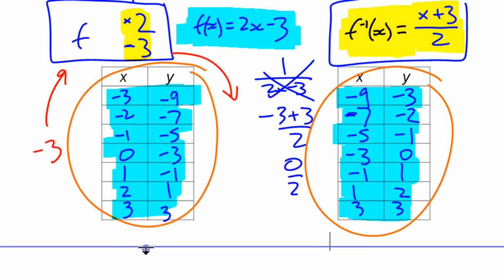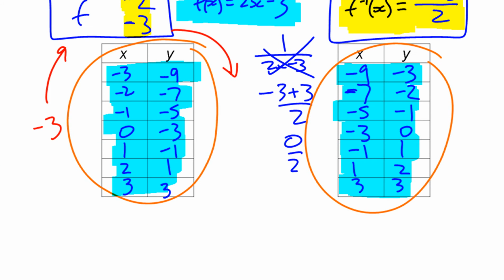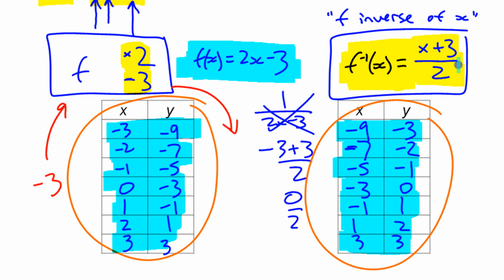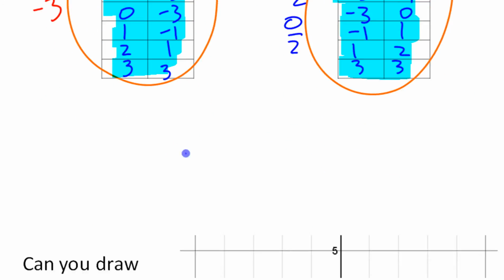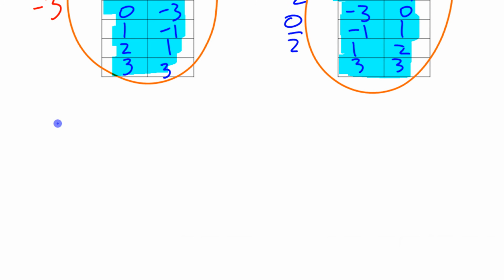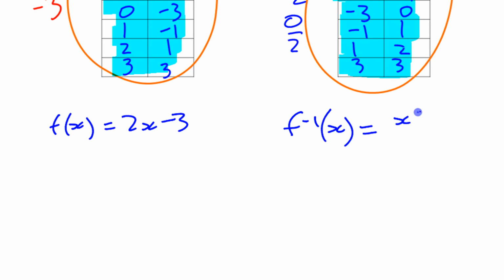Now, if we want to find these two things easily, let's see how these things are related to each other. Let's write them again down here. We have f of x was 2x minus 3, and we had f inverse of x was x plus 3 divided by 2.